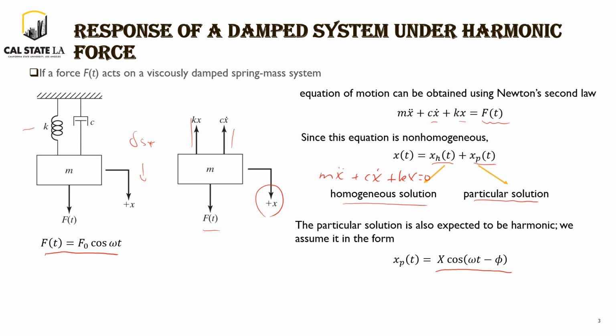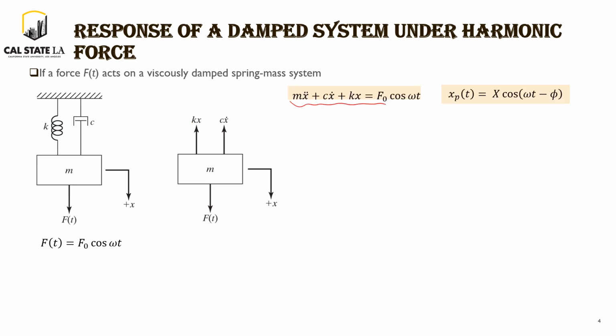This is why x_p, the particular solution, also corresponds to the steady state solution. This is our equation of motion, and we know the particular solution x_p has this form. We are interested in the magnitude X and also the phase angle. If we know the magnitude and the phase angle, that will define the solution.